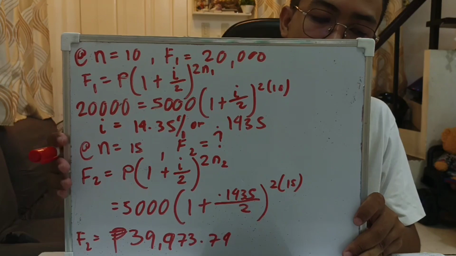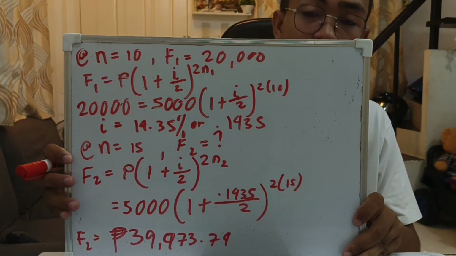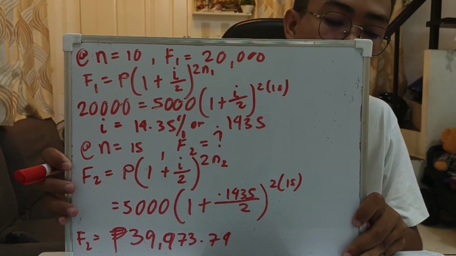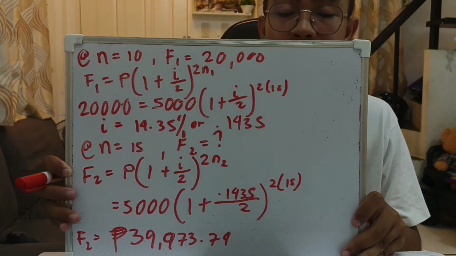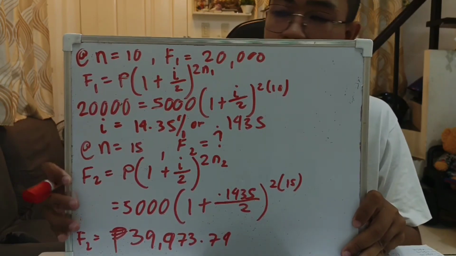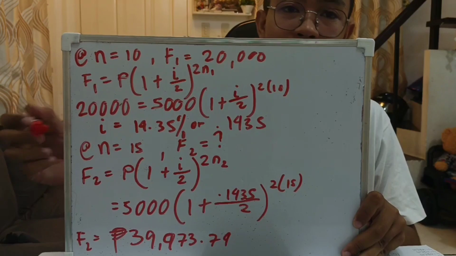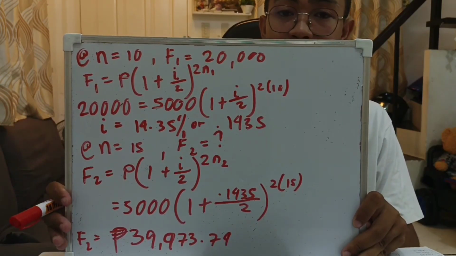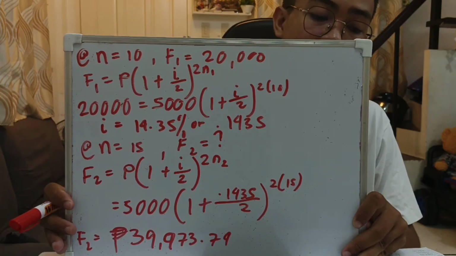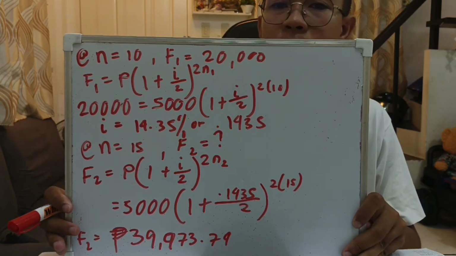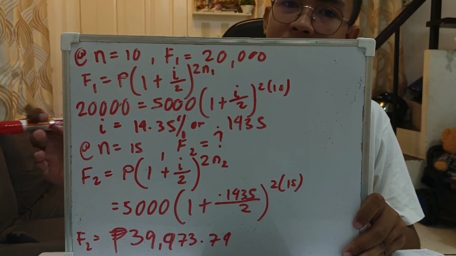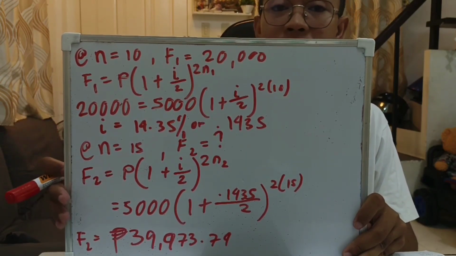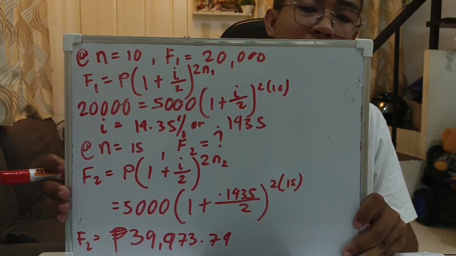So 20,000 is equal to 5,000 times the quantity of 1 plus i over 2, to the power of 2 times 10. So use shift solve here. So i, or the interest rate, is 14.35%, and in decimal it is 0.1435. So you have the i already. Then use it to solve for the F2.